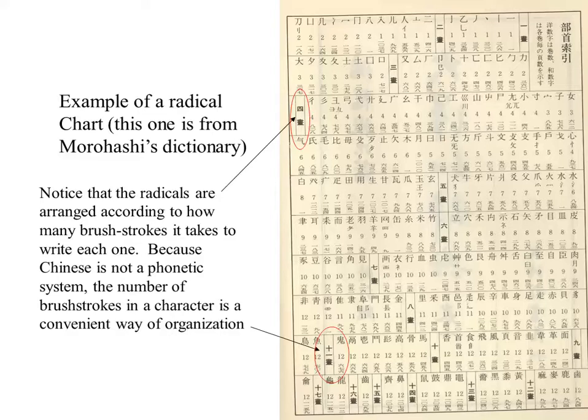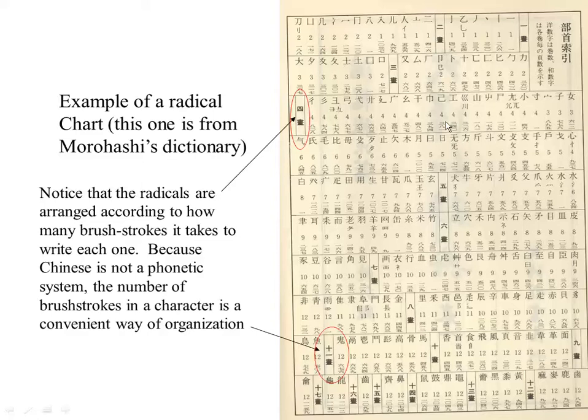So this chart, first of all, keep in mind it reads from right to left and from top to bottom. On this chart, note that the radicals are arranged according to how many brush strokes it takes to write each one. Okay? So up here we see 1 brush stroke, 2 brush strokes, 3 brush strokes.